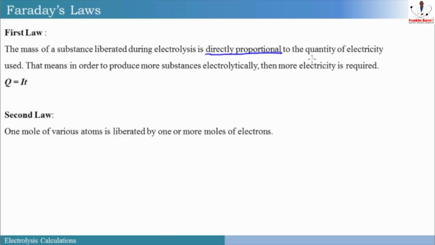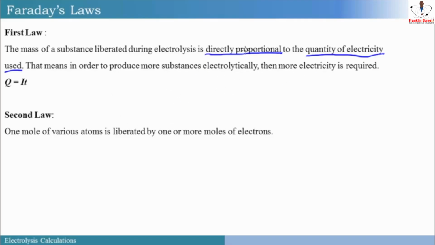Directly proportional to the quantity of electricity passed or used. It means that the longer you run the current for, the more mass will be deposited at the cathode. Or the longer you run the current for, the greater the volume of the gas will be.